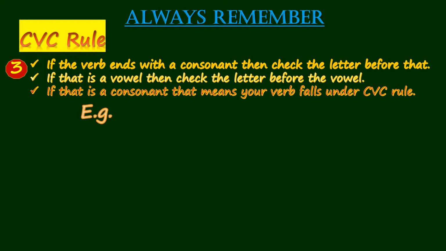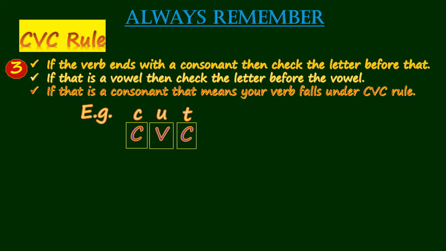Let us take an example for this. This verb cut, C-U-T, cut. T is the last letter and it is a consonant. That means we need to check one before this. That is U. Yes, it is a vowel. That means we need to check the letter before U also. C, that is again a consonant. That means this verb is falling under the category of CVC rule.